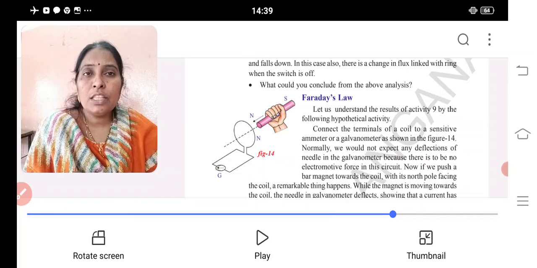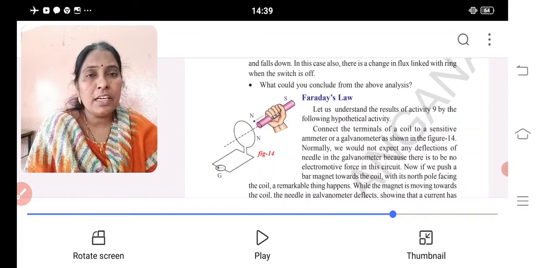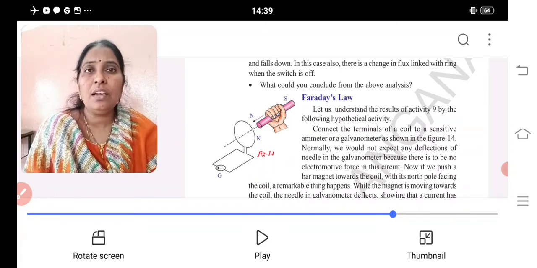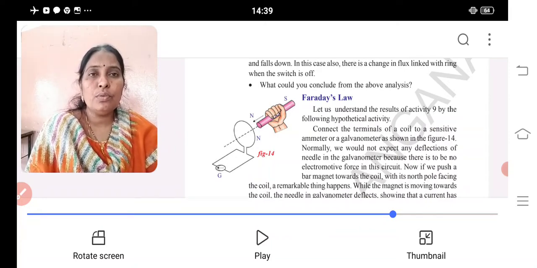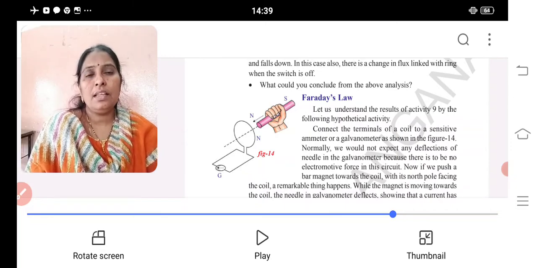Moving the magnet is nothing but changing the magnetic flux. When the magnetic flux is changed, a current is produced in the galvanometer. This gave Faraday the idea that by changing the magnetic flux, we can generate current. The induced EMF produced due to changing magnetic flux is known as Faraday's law.